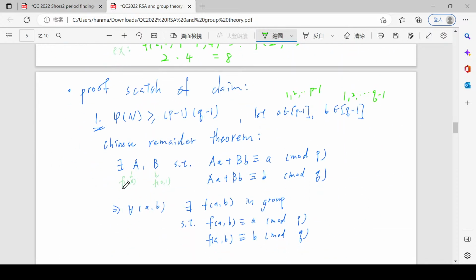But if we think about mod P and mod Q, they are 1, 0 and 0, 1. They always exist. So the Chinese remainder theorem says that you have, I should have said a little more here, right?